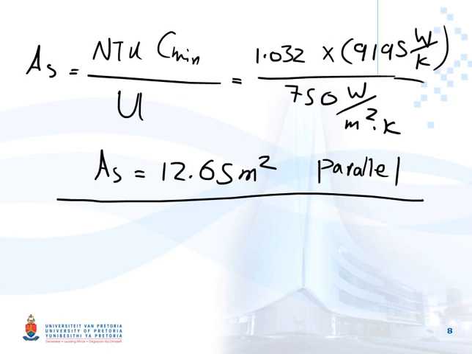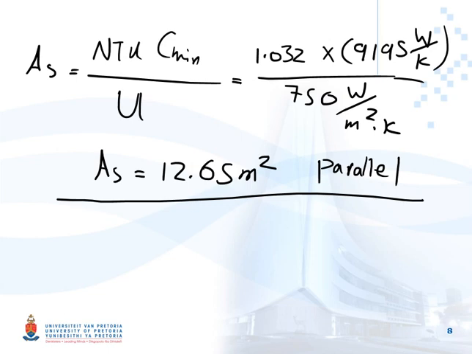It won't change the heat capacity rate of the cold fluid. It also won't change the capacity ratio. Is it going to change the effectiveness, or epsilon? No. Epsilon will stay the same as well. Okay, so what will change then? The only thing that will change is the correlation that we use to calculate NTU.